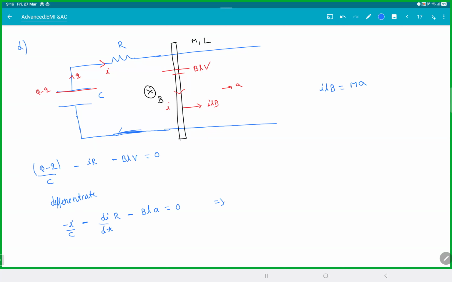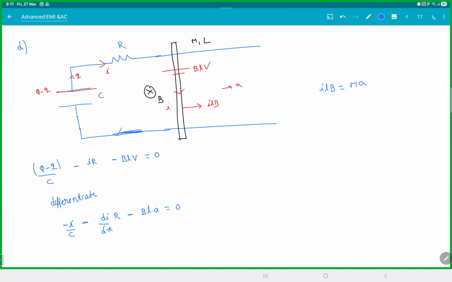So minus I by C minus di by dt R minus B square L square by m into I is equal to 0. That you can integrate, right? So you got di by I, and then you can put it there.